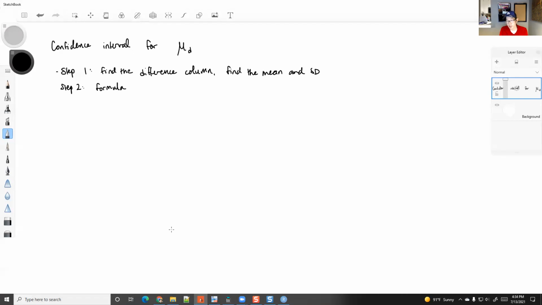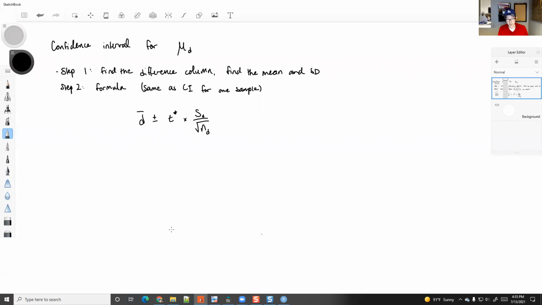The formula is pretty much exactly the same as a confidence interval for one sample. It's just that in the center you put the mean difference, plus or minus the value t, times the standard error, which is s over the square root of n, but for the difference.